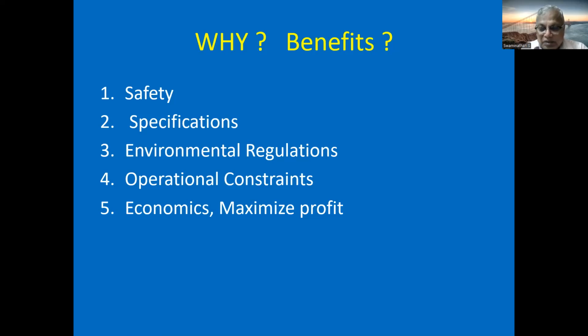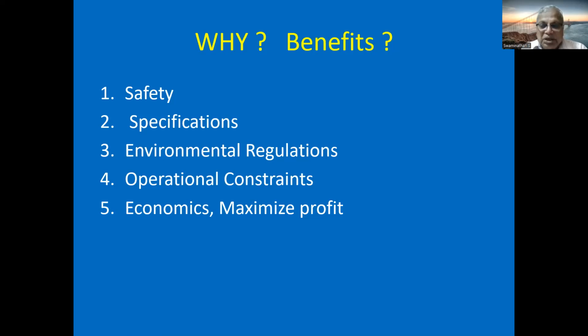Then, in addition to these, comes the more important factor from the cost of production point of view. Of course, basically any plant should operate in such a way that the profit is maximized. So the economics of the process, the economics of the operating conditions, are to be taken into account.